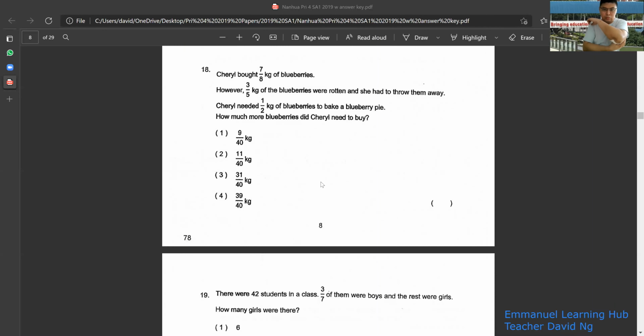Number 4. No, not number 4. How much more blueberries did Sharon need to buy?